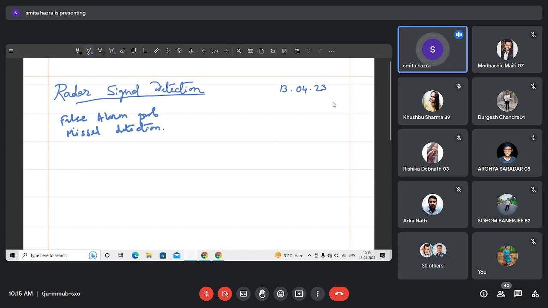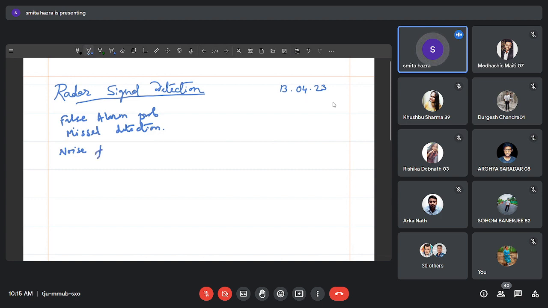So if I write the range equation in terms of the noise figure, you know the definition of the noise figure in terms of the output noise and the input noise. If I write that, because that will first lead us to calculate the minimum S by N, isn't it?